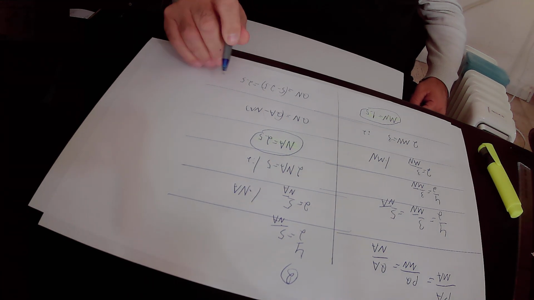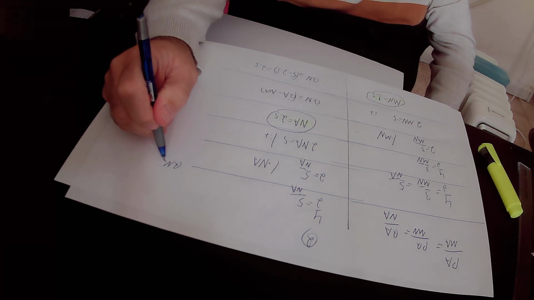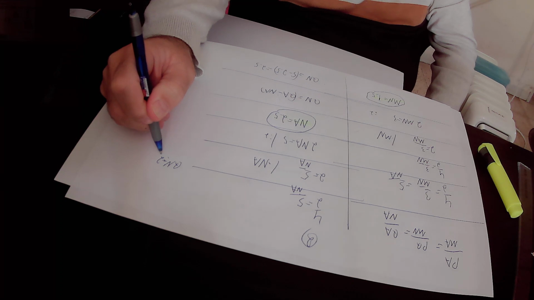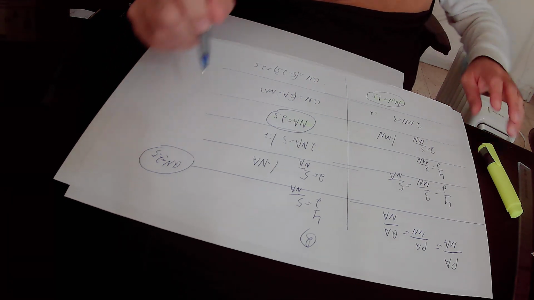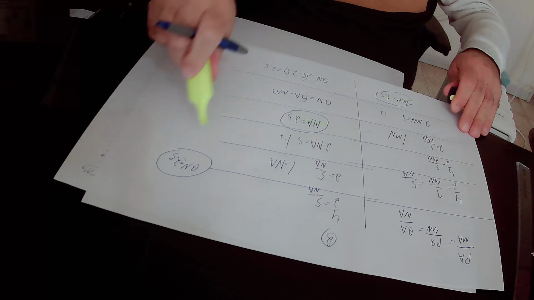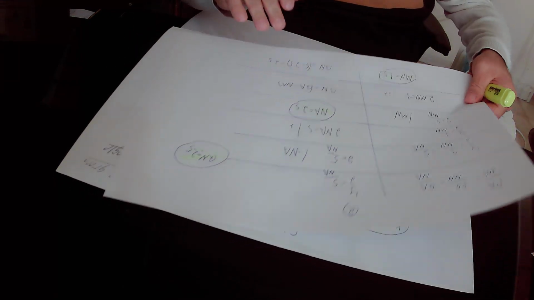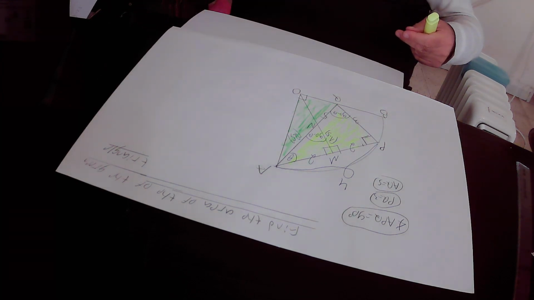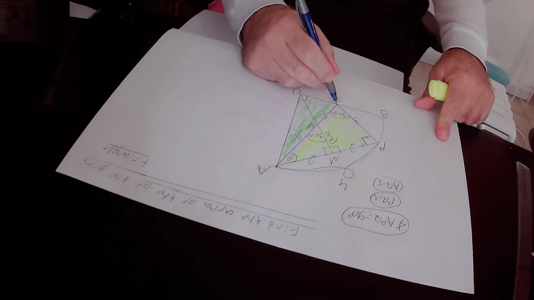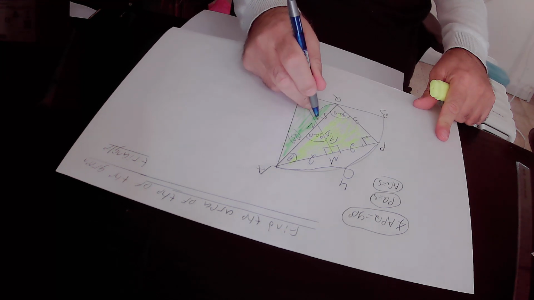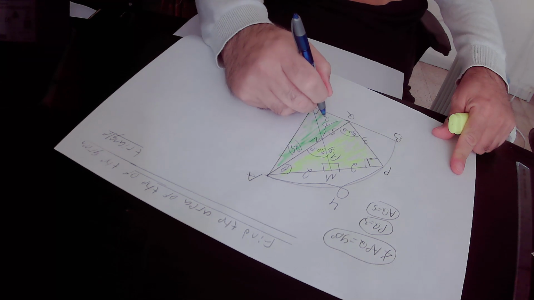So in conclusion, we found out that QN equals 2.5 units in its length.